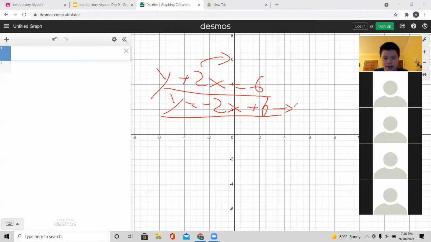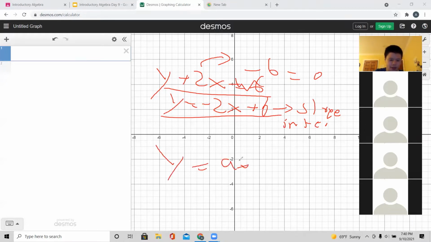So this is called the slope intercept form or something along those lines. And the top is called standard form. So y equals ax plus b, where a is some constant, is slope intercept.